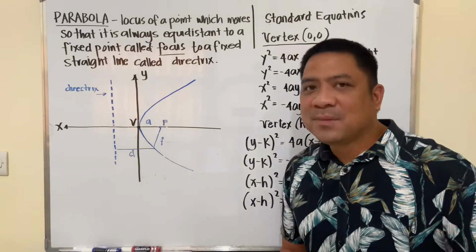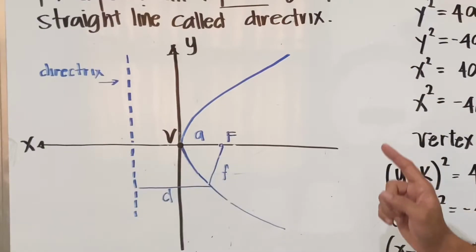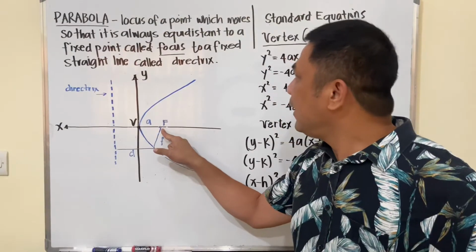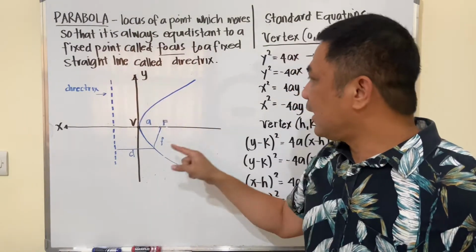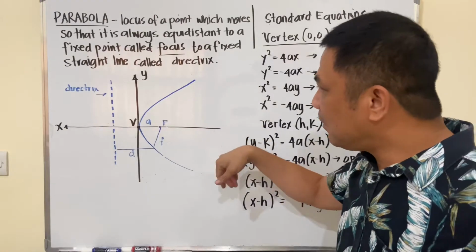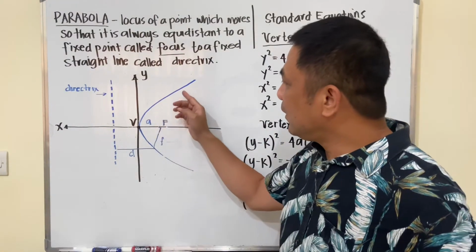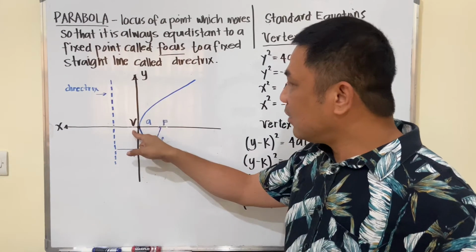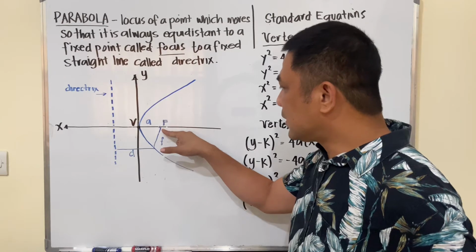A parabola is a locus of a point which moves so that it is always equidistant to a fixed point called the focus and to a fixed straight line called the directrix. So what does it mean? Say for example, we have this parabola wherein it opens to the right, and our vertex is at the origin, which is (0, 0), with a point here which is called the focus.